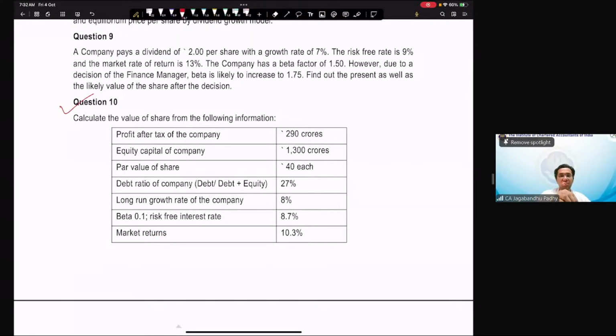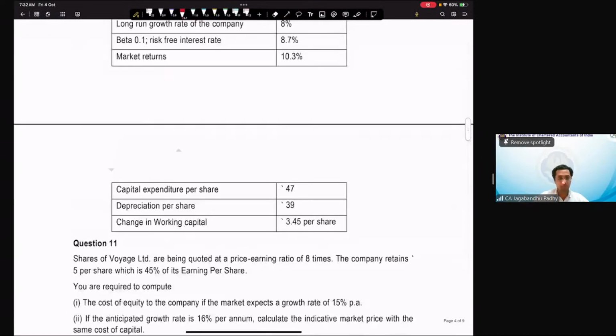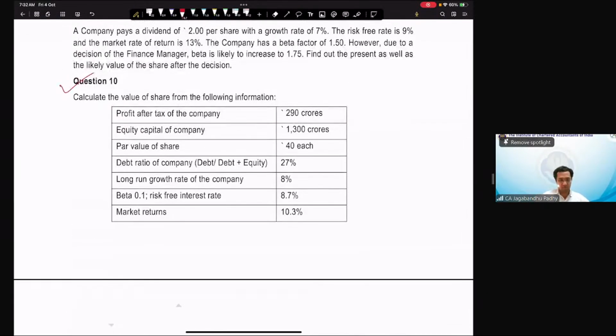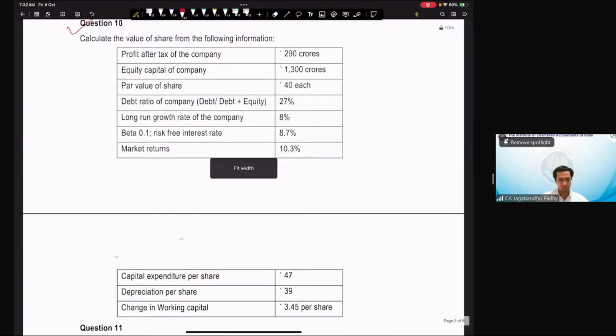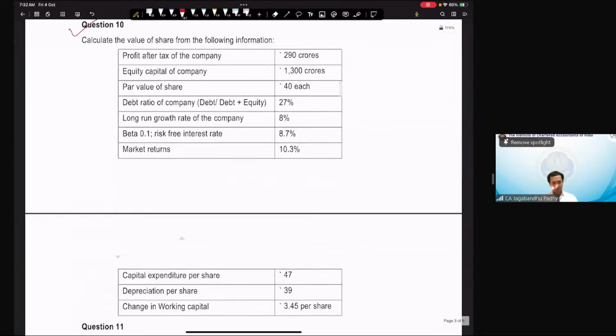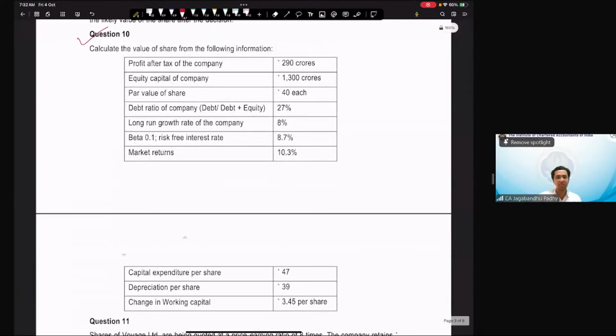Let's try to solve question number 10. I'll give you a minute's time to look into the question, try to understand what is given, and then we'll take it up for the solution. Just a minute's time for you to read the question and try to grasp the numbers that we have, the meaning of the numbers rather.